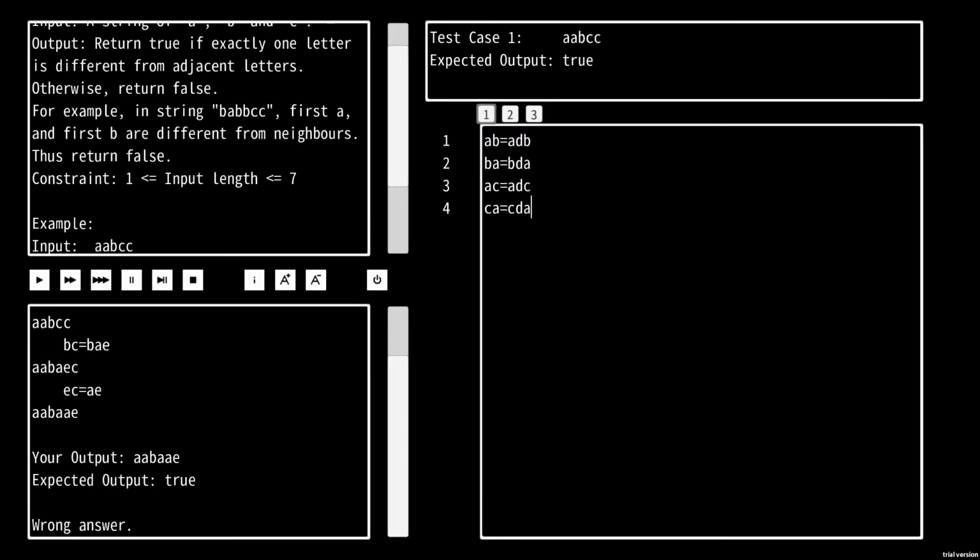Wait, no, yeah. Sorry, I thought I had a more clever idea, but it doesn't really work. Well, actually, maybe it would. Instead of one of these, I could do a ton of these.